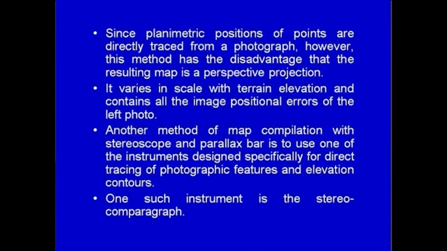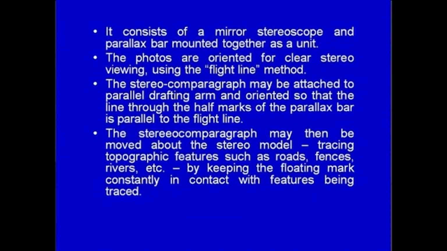One such instrument is the stereocomparatograph. It consists of a mirror stereoscope and the parallax bar mounted together as a unit. The photographs are oriented for clear stereo viewing using the flight line method.